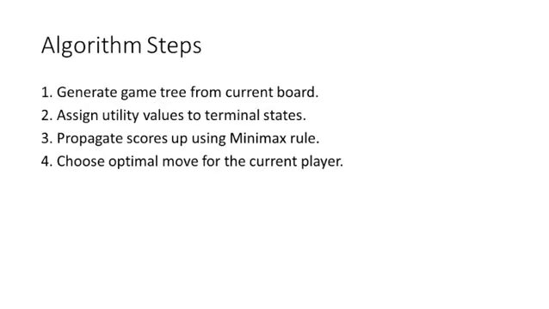Finally, one player will win or the other player will lose or the game will tie. Then propagate the score up using the min-max rule. That is, from the terminal state we have to go upward and apply the min-max rule. Then choose the optimal move for the current player. Then follow this path to win the game.